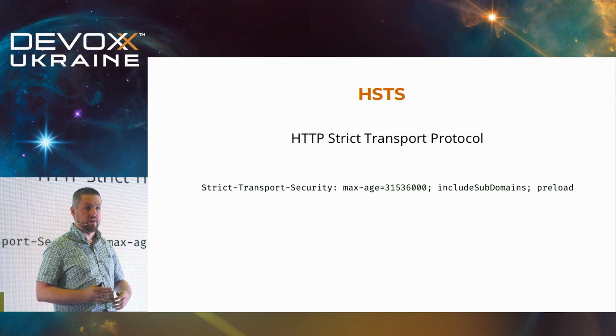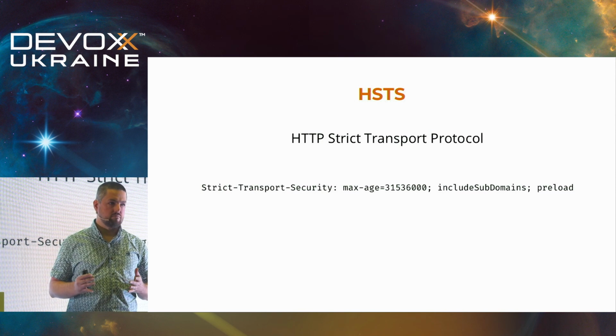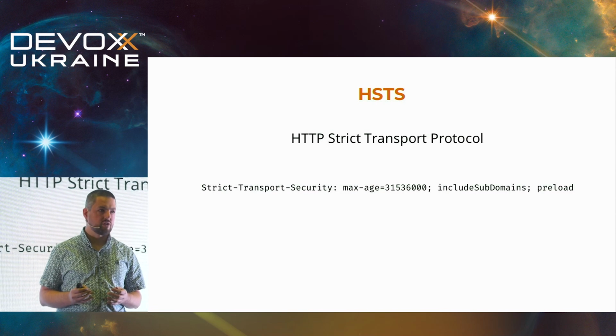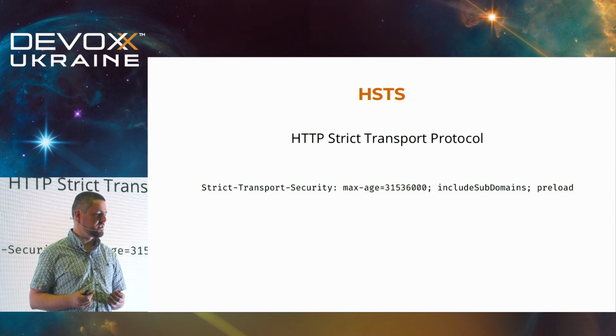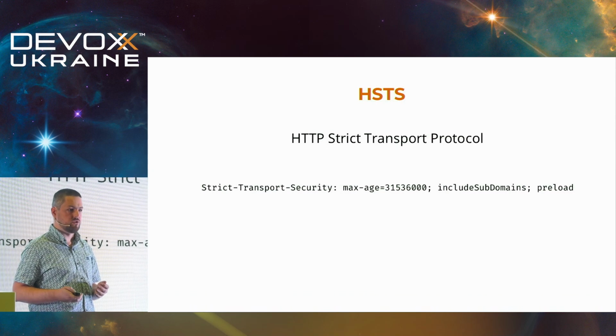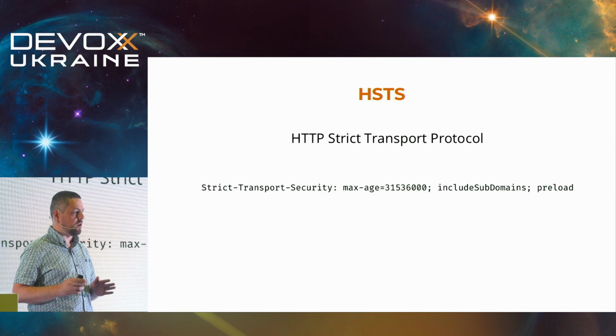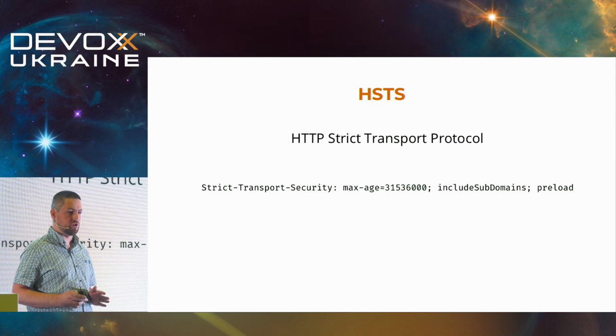He could strip that header, he could do whatever he wants, and you would not get a secure connection to my site. And to mitigate that risk, the browser vendors, they started something that's called a preload list. The preload list allows you to actually ask the browser vendors to hard code into their browsers that your site always needs to be loaded over a secure connection.